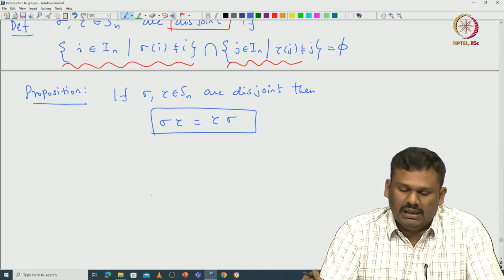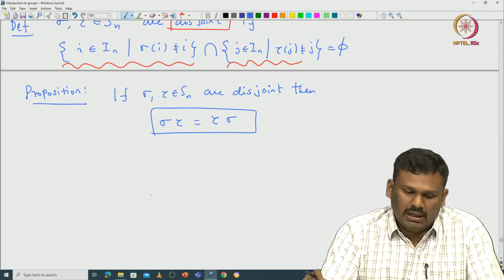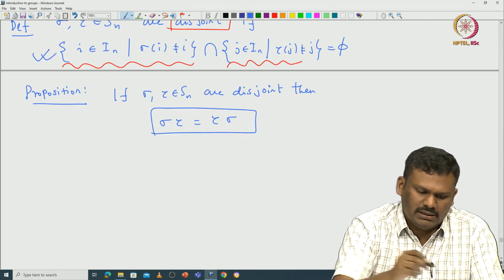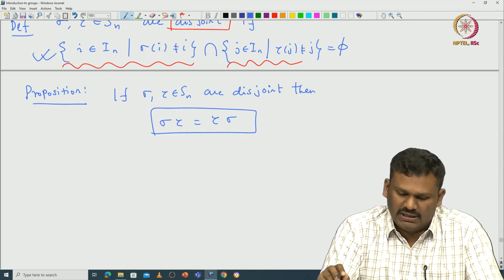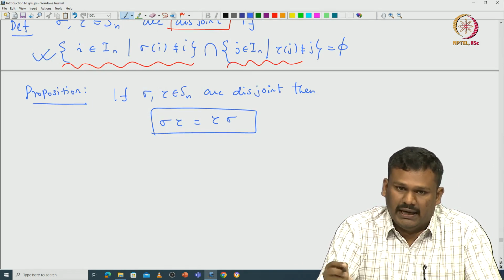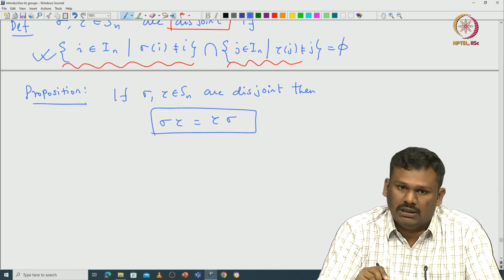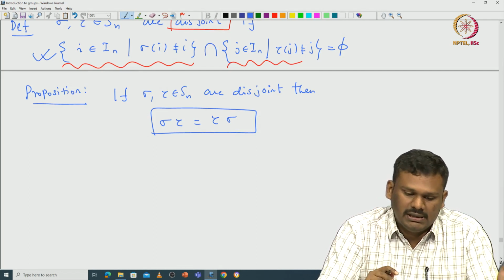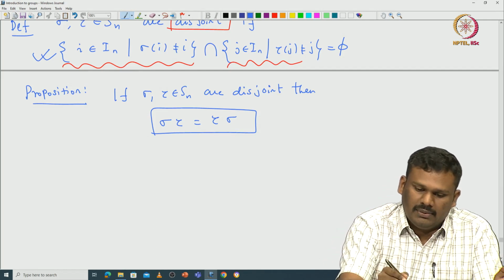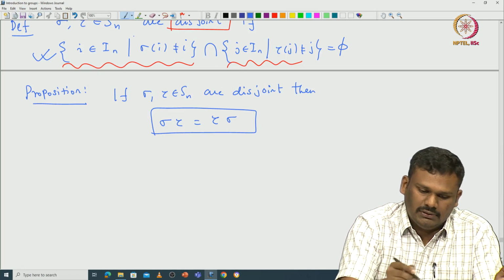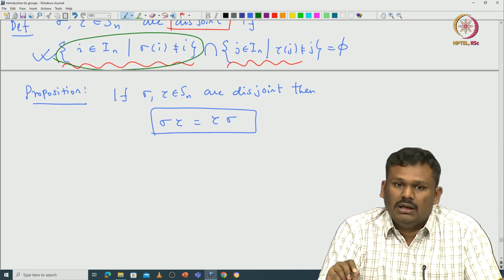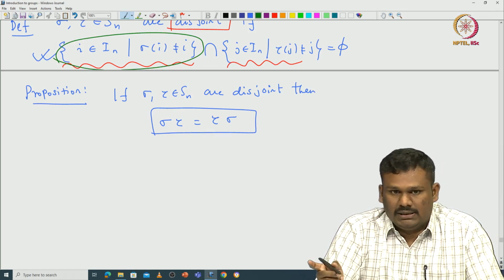If i is not coming from either of these two sets, then it is fixed by both sigma and tau, so the action of sigma tau and tau sigma will be the same. And if it is coming from one of them, since sigma is determined by this particular set, if i comes from this set, then tau does not do anything to it.